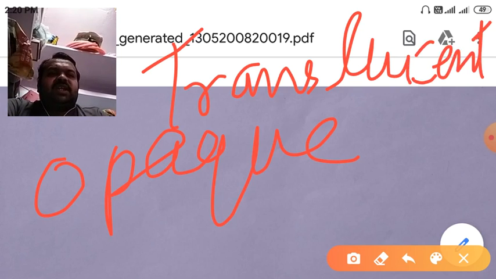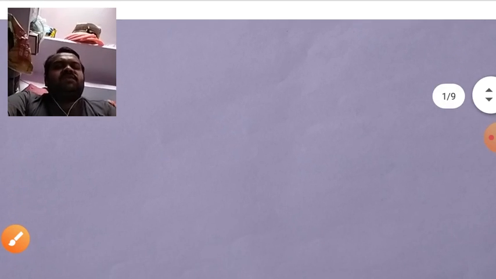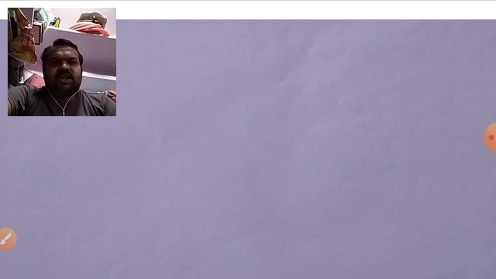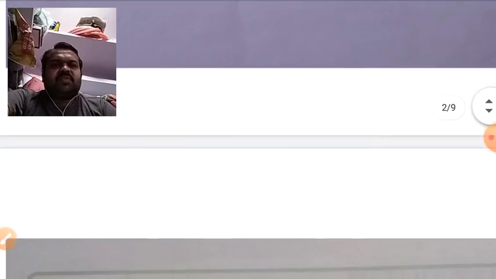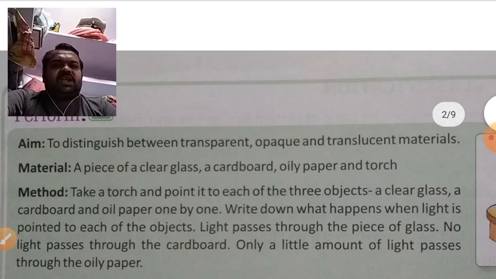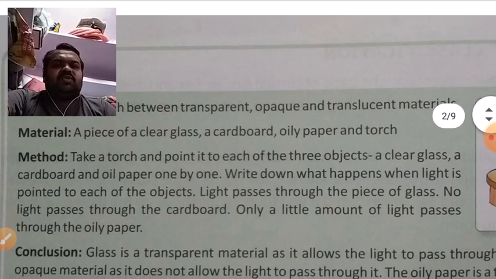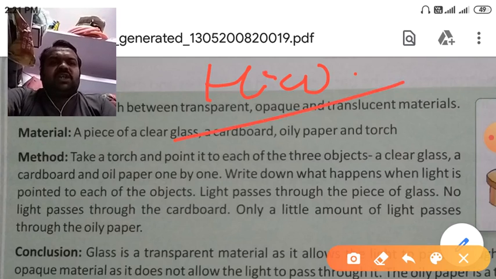So we can divide these things into these three categories. In the previous video, I showed you the practical of transparent, translucent, and opaque materials. In the same way, you have to take a clear glass, a cardboard, oily paper, and a torch, and do this practical at home as homework.